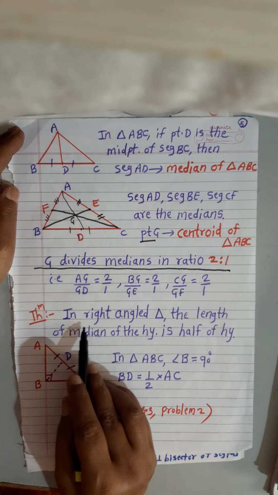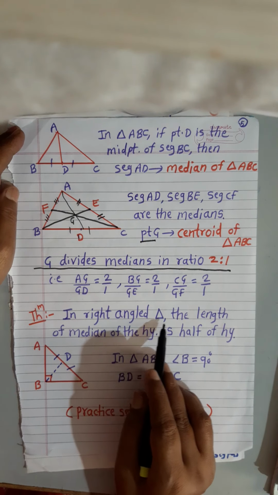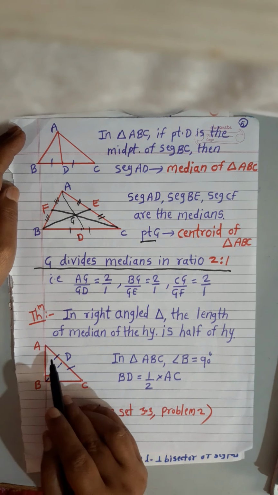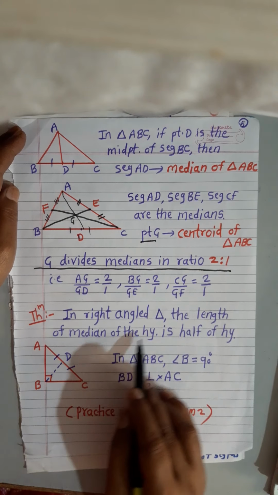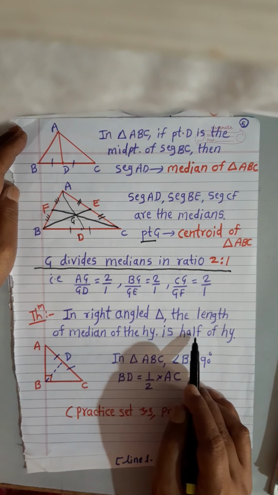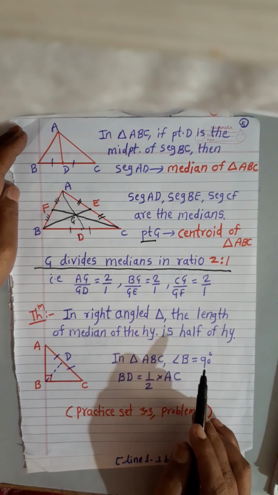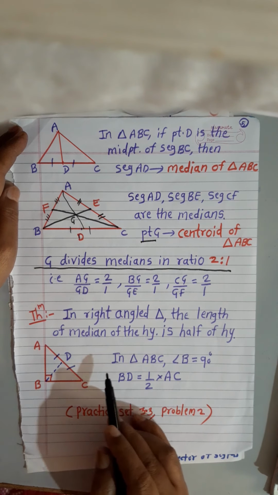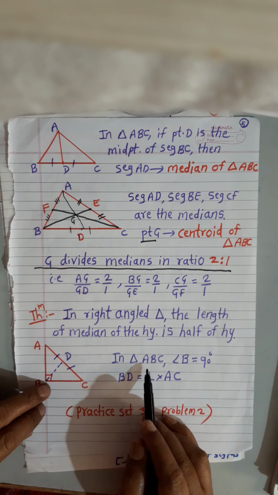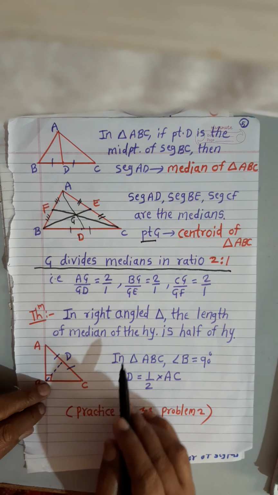The theorem is: in a right angle triangle, the length of the median on the hypotenuse is half of the hypotenuse. It is very important for solving problems. See, in triangle ABC, B equal to 90. That means it is a right angle triangle.